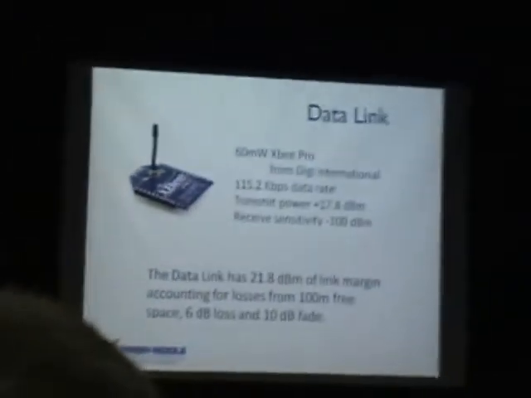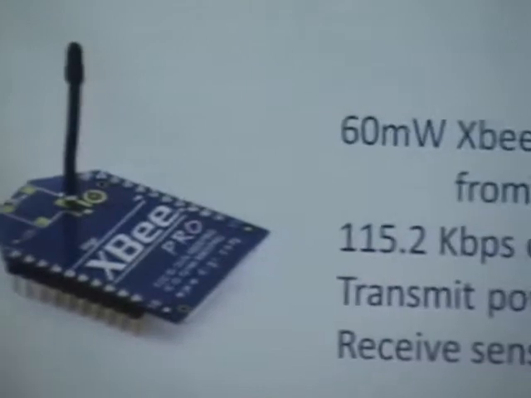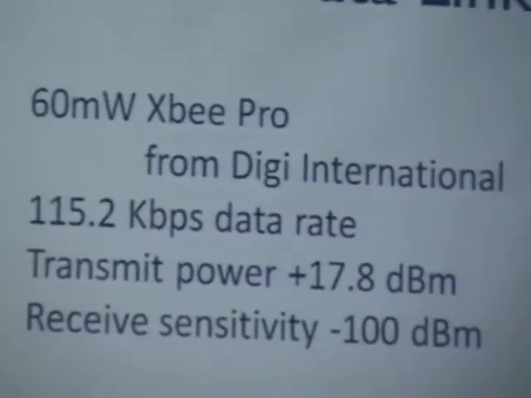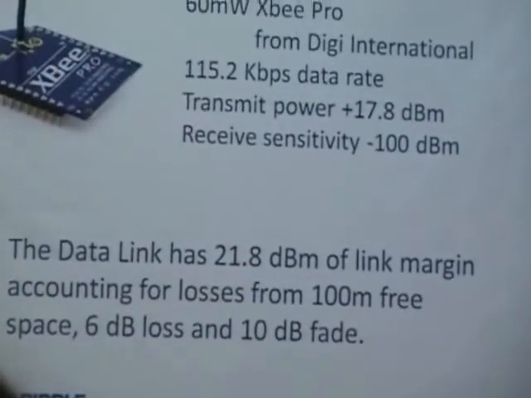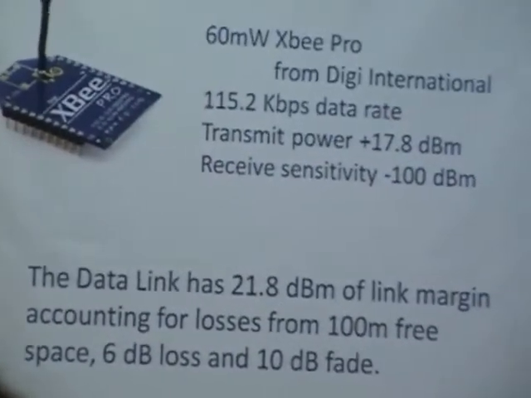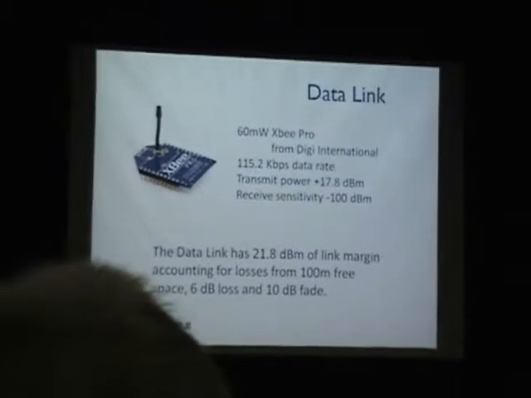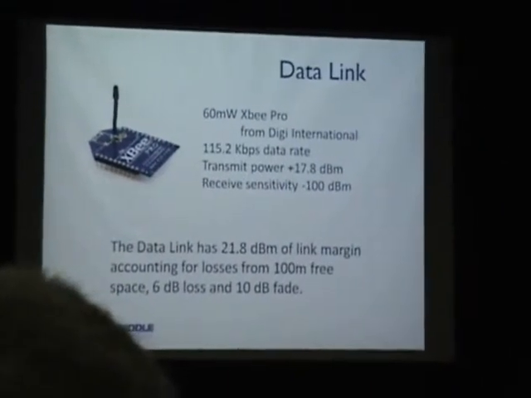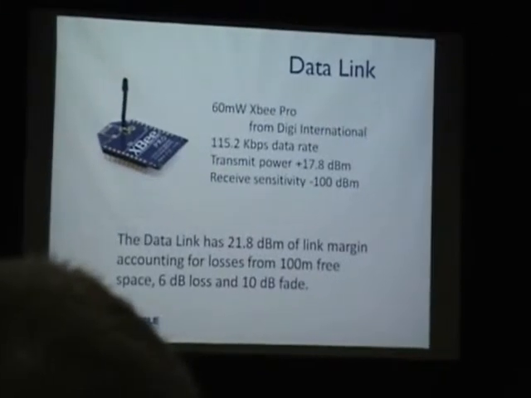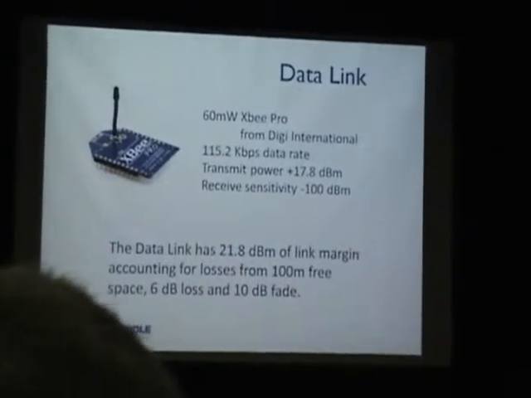To get between the mothership and the air vehicle, we use 60 milliwatt XBee modules. This is using the 802.15 Zigbee protocol, and our calculations show with the 100 meter space and the 6 dB loss, we still have 21 dB of headroom with another 10 dB for fade margin.